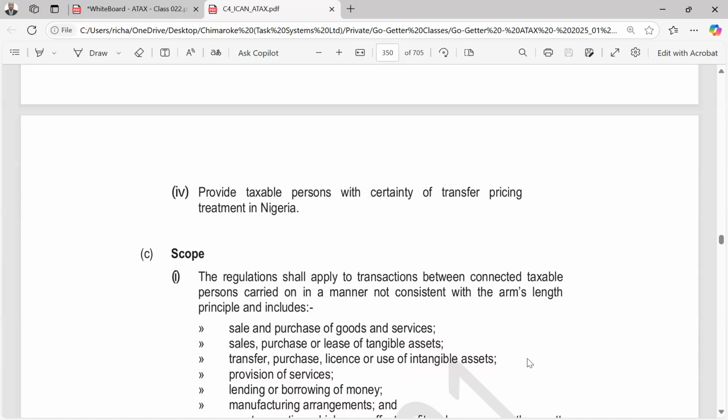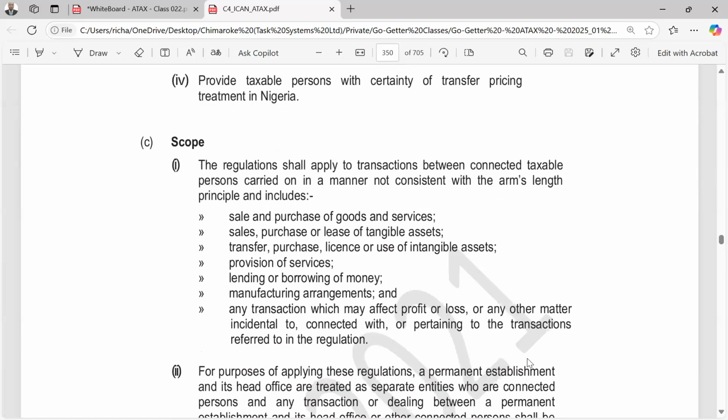All right. What is the scope? Now, the regulations shall apply to transactions between connected taxable persons carried out in a manner not consistent with arm's length principles. And so when we say arm's length principle, what do we mean? Arm's length principle is the way you deal with somebody you don't know.